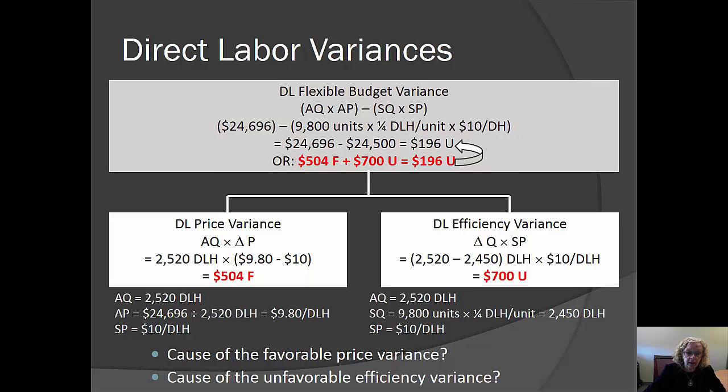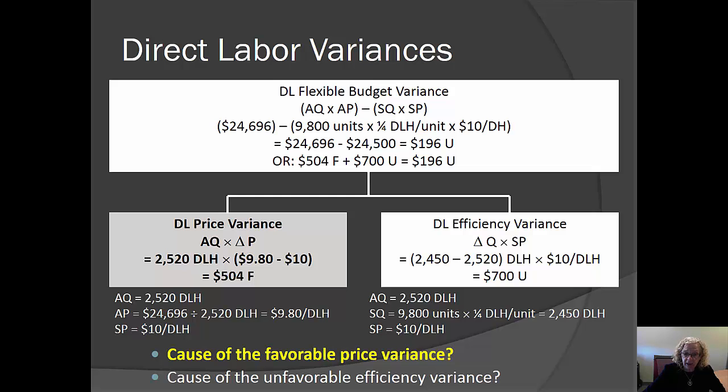Now we have to think, what caused the favorable price variance? Well, clearly it means we paid our workers less than we expected to. But why did that happen? There are several possibilities, and as a manager, you would have to investigate to find out which possibility was in fact the cause.